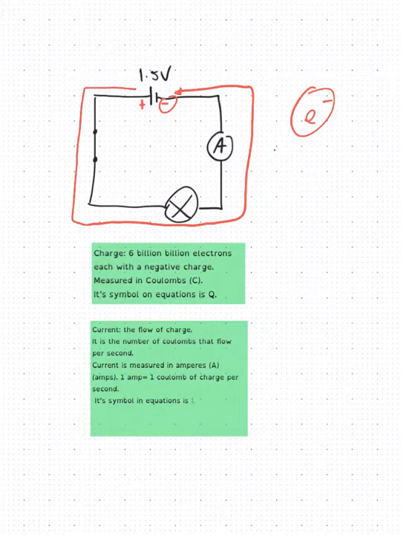So electrons are repelled from the negative end, and they actually flow from the negative to the positive end. That's something you need to know. But when we're drawing circuit diagrams, we draw them going from left round to right. That's just how it's always been done, based on before it was discovered that electrons move that way.